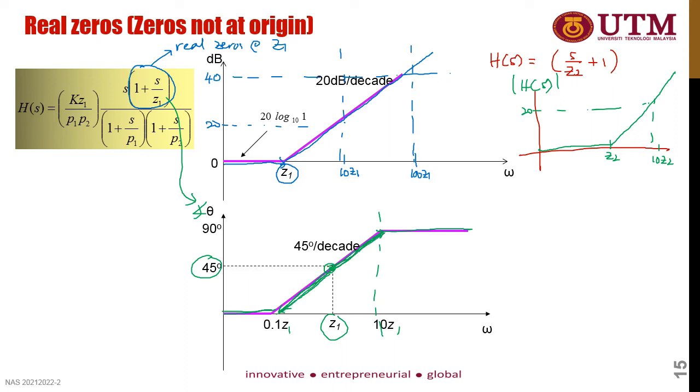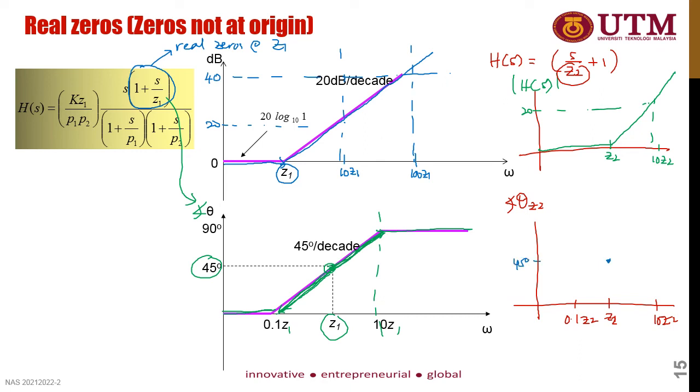For example, if you have this one at Z2, so the phase for Z2. All right, so let's have the phase. Here is your Z2, and the earlier decade is 0.1 Z2, the next decade is 10 Z2. For the phase plot, it must be 45 degrees at that particular frequency, Z2 in this case.